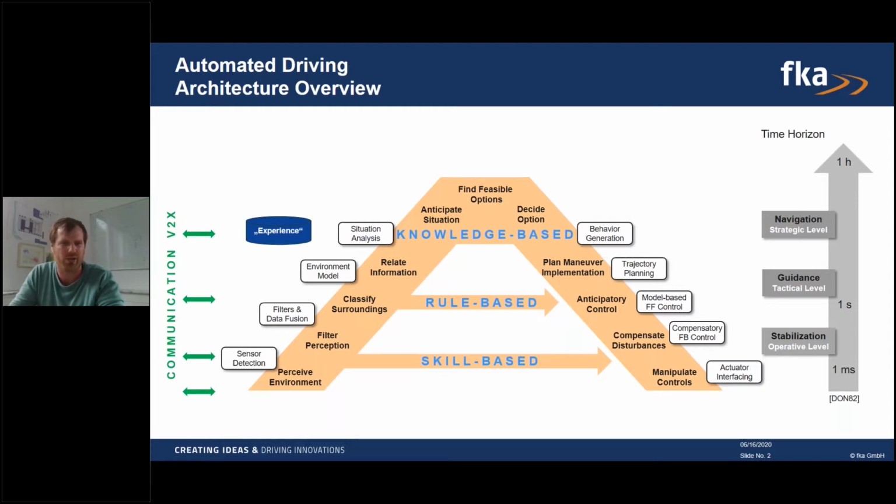The alpha model has different levels, starting on the skill level, going up to rule-based, where we can learn, and knowledge, where we apply the knowledge we have. That can be mapped to the development or classification of the algorithms we use for automated driving.